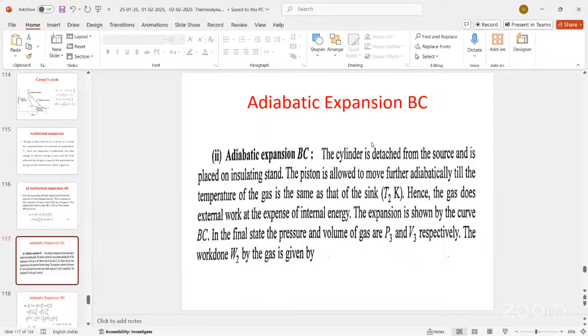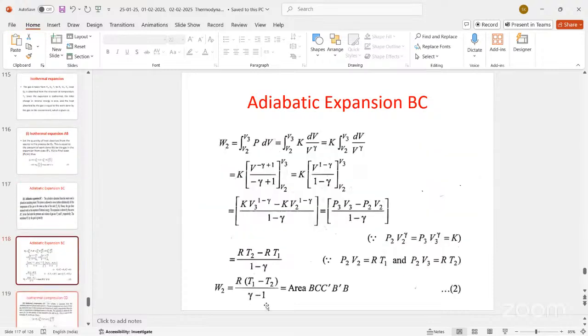And this is adiabatic expansion from B to C. What is the work done? We will get W2 is equal to the integral from V2 to V3 of PdV, is equal to the integral of K dV by V to the power gamma, where K is a constant.